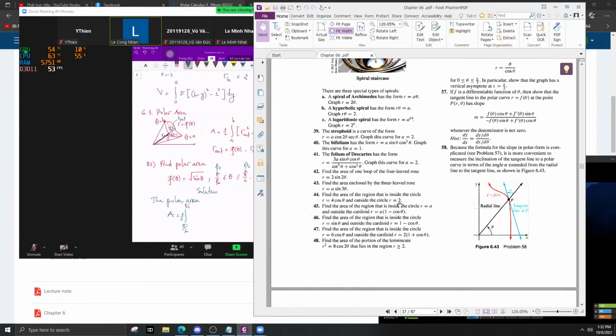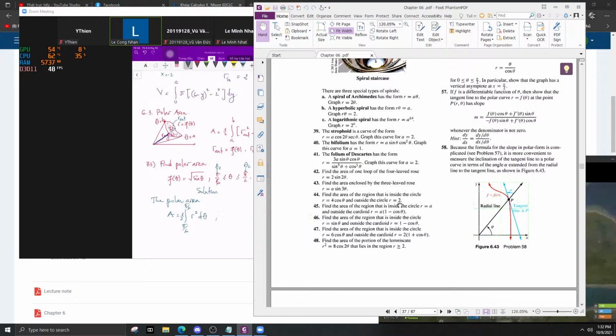So we have the integral from pi over 6 to pi over 2 of the radius square d of theta, where the radius equal f of theta equal the square root of sine of theta.